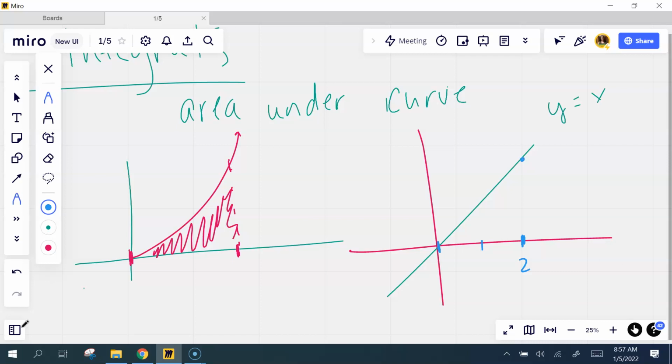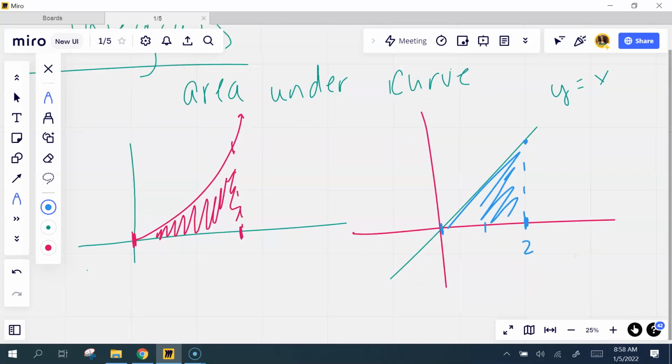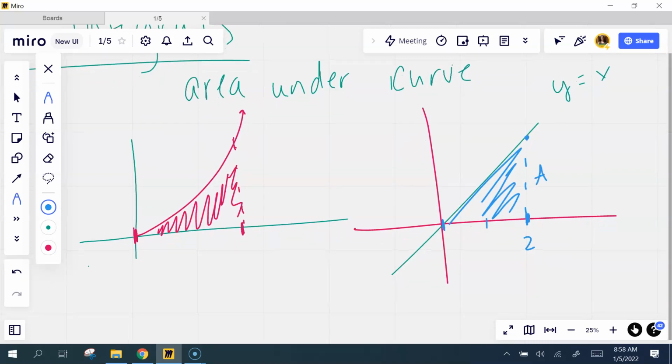That area is a very familiar shape. That's just a triangle. I could just find the area of that triangle, right? But the problem comes, so this area, 1/2, of course, base times height because it's a triangle.